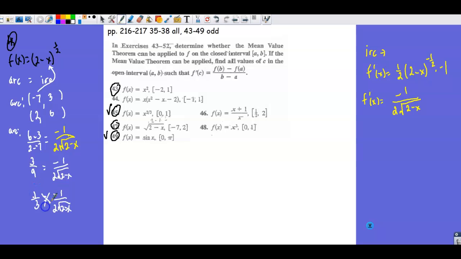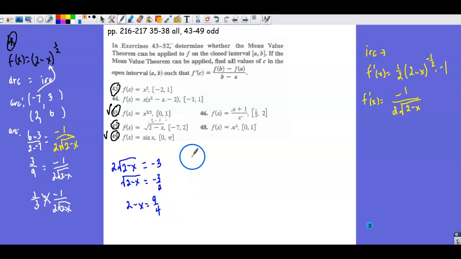So I'm going to cross multiply, and I'm going to bring that over here into the white space. So that'll give me 2 square root of 2 minus x, cross multiply. 3 times -1 is -3, cross multiply. That's square root of 2 minus x. I'm dividing both sides by 2. Squaring both sides gives me 9/4.